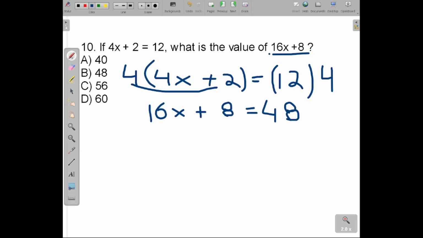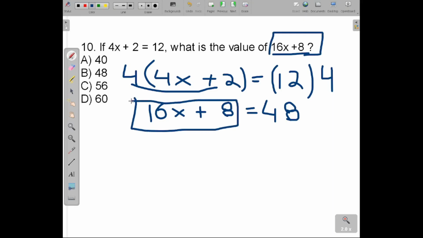So this is exactly the same, 16x plus 8, and is equal to 48. So the right answer is B, 48.